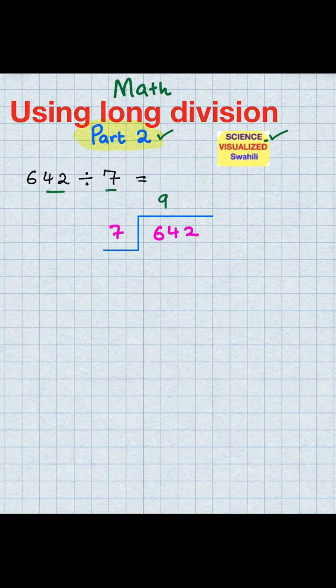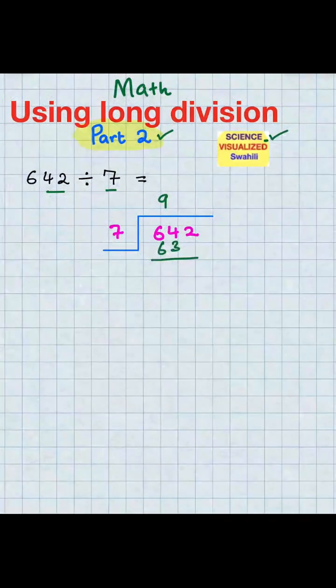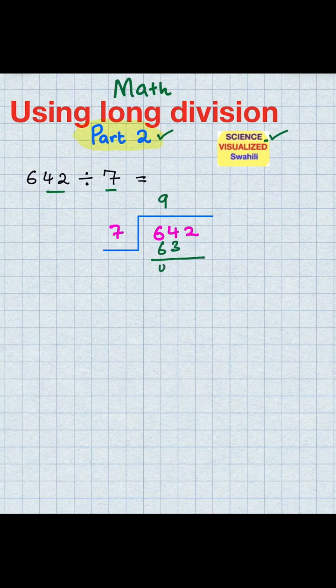Then 9 times 7 gives you 63, and when you subtract, 6 minus 6 is 0, 4 minus 3 is 1, and 1 is lower than 7, therefore we drop down the next digit, 2. Now we're working with 12, so 12 divided by 7. We see that 7 can go into 12 one time, so we put 1 there, and then 7 here.